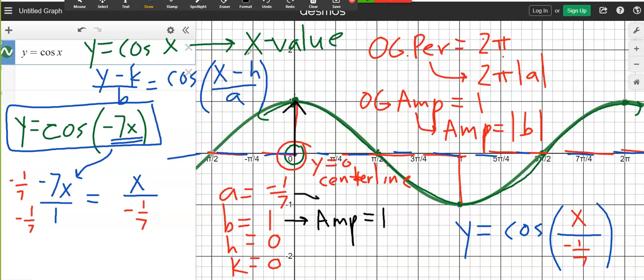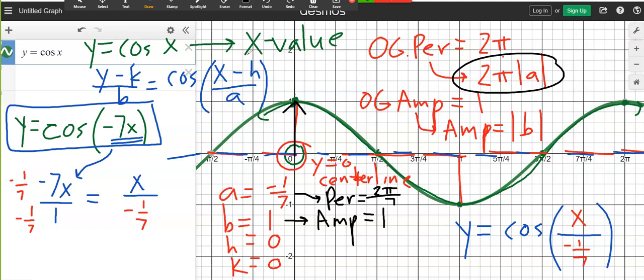And what is the period? Oh, this is going to be ugly. No, it's not. If we follow this logic, 2 pi times 1/7, which is over 7. That's ugly. 2 pi over 7.